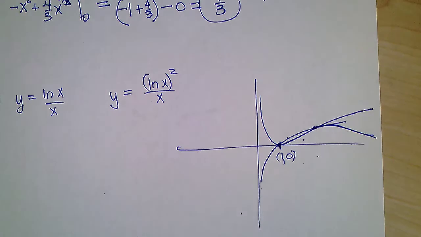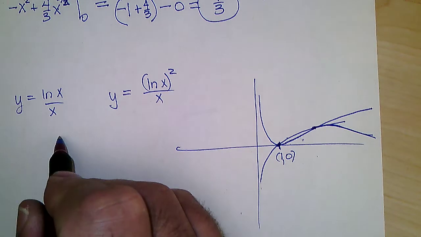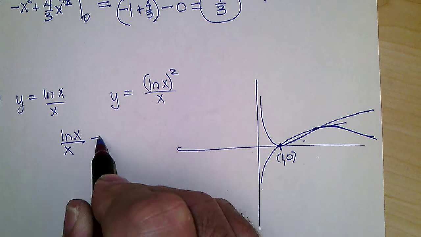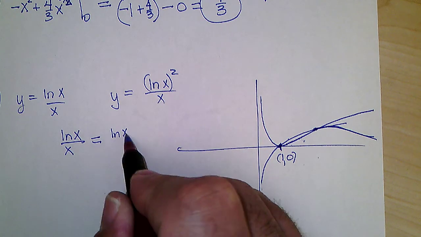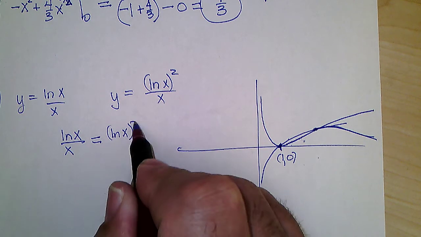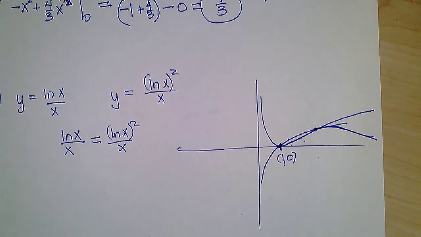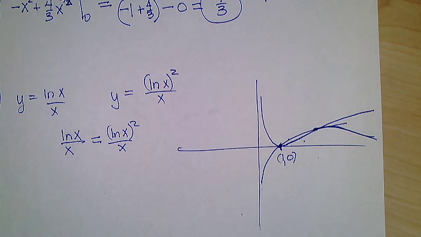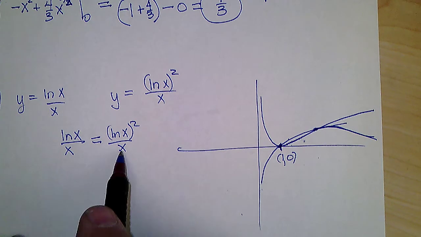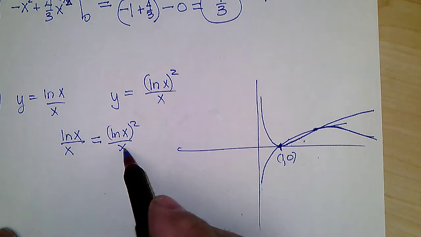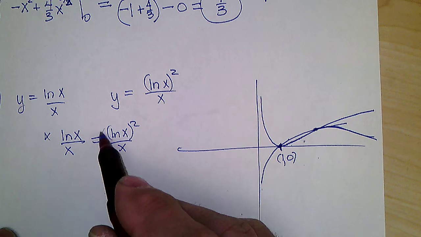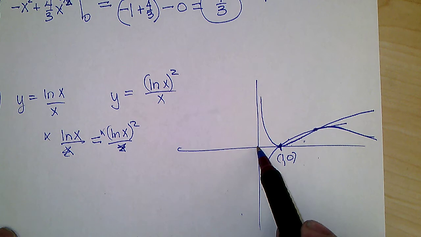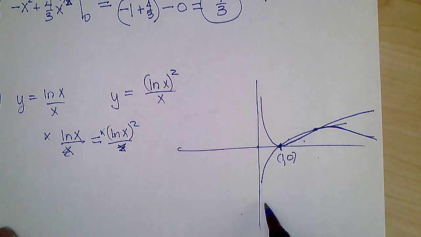So I'm going to set them equal and see if I can find that. So I have ln x over x equals ln x quantity squared over x. And if I multiply by x, I'll potentially lose the solution x being 0. But I will do that anyway, and know that I might lose the solution at x equals 0, but x can't be 0 because ln doesn't exist there.